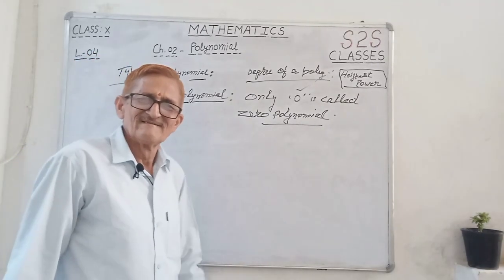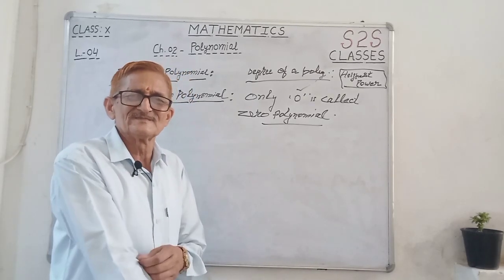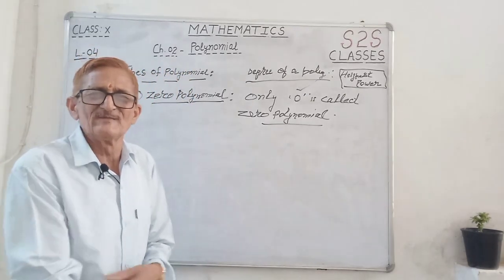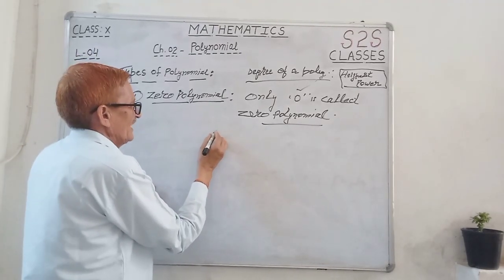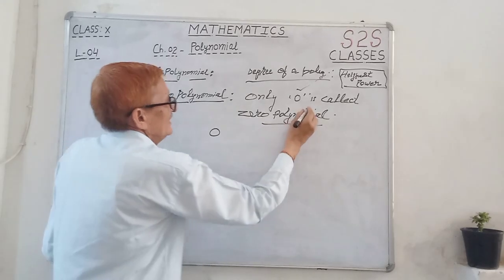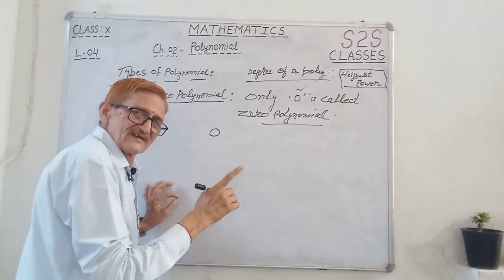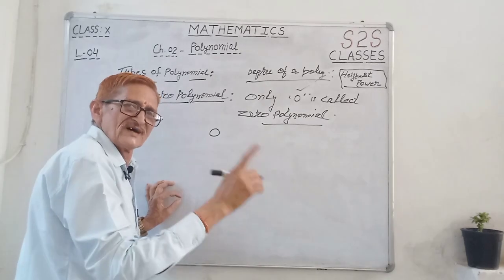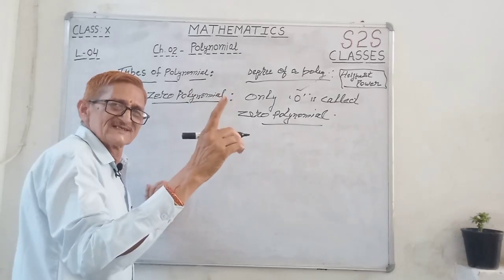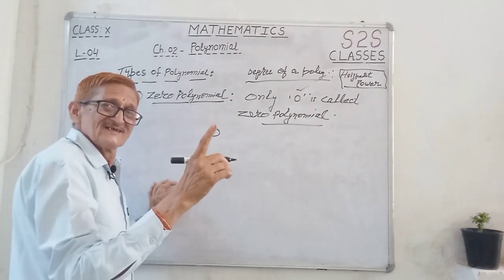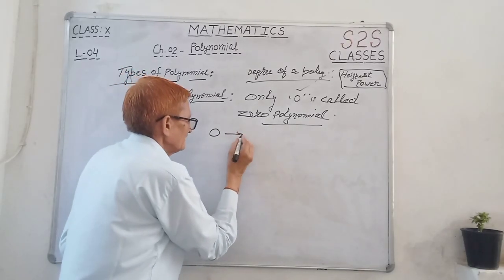Understand? There is no highest power here, because it means infinite degree. Why? Because it is not defined.